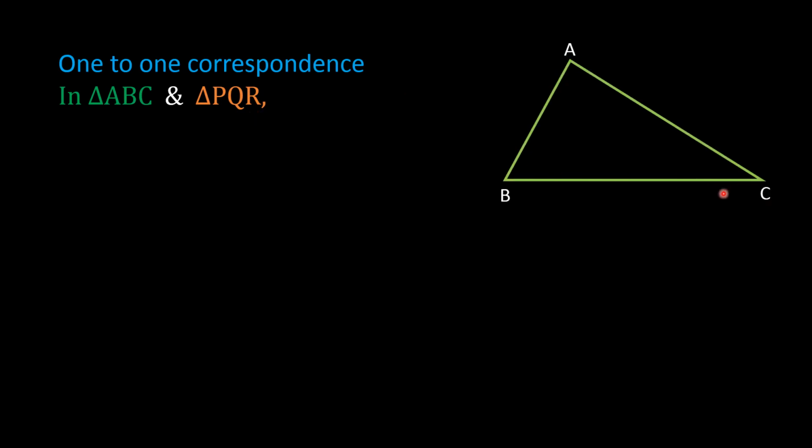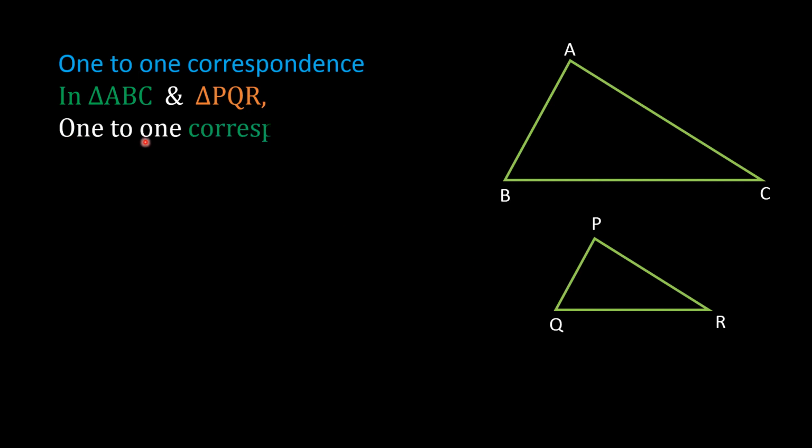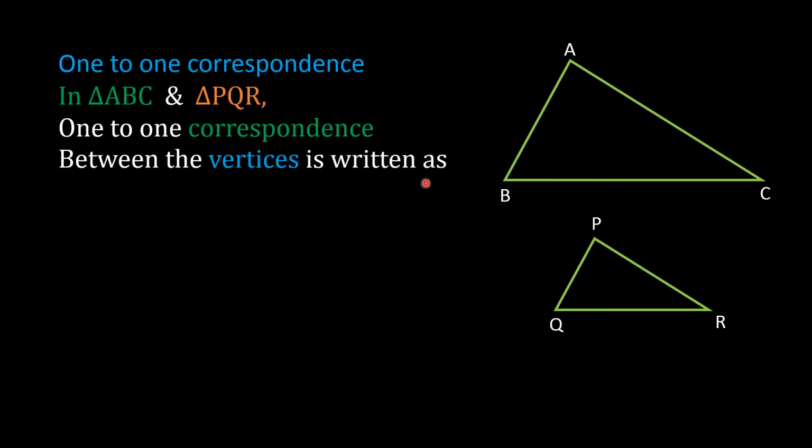In triangle ABC and triangle PQR, one-to-one correspondence between the vertices is written as A corresponds to P, B corresponds to Q, and C corresponds to R.